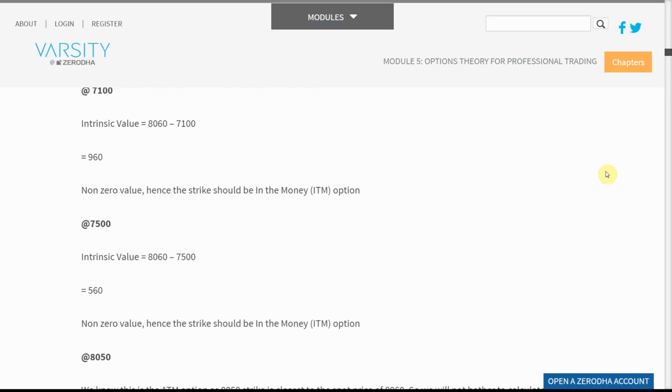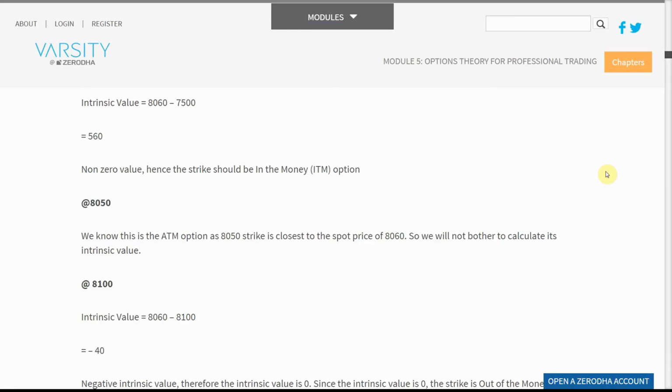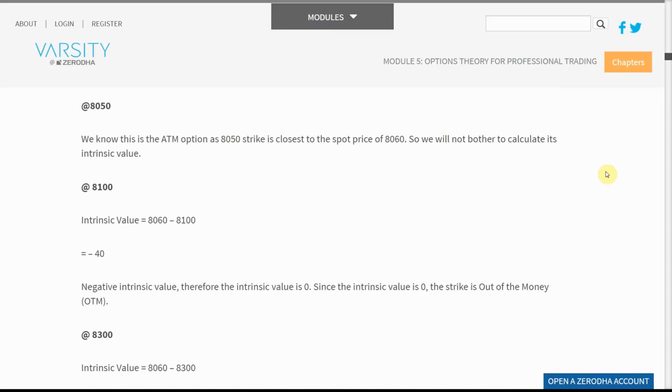At 7,500, intrinsic value equals 8060 minus 7500 equals 560. Non-zero value, hence the strike is an in the money ITM option. At 8,050, we know this is the ATM option as the 8,050 strike is closest to the spot price of 8,060, so we will not bother to calculate its intrinsic value.